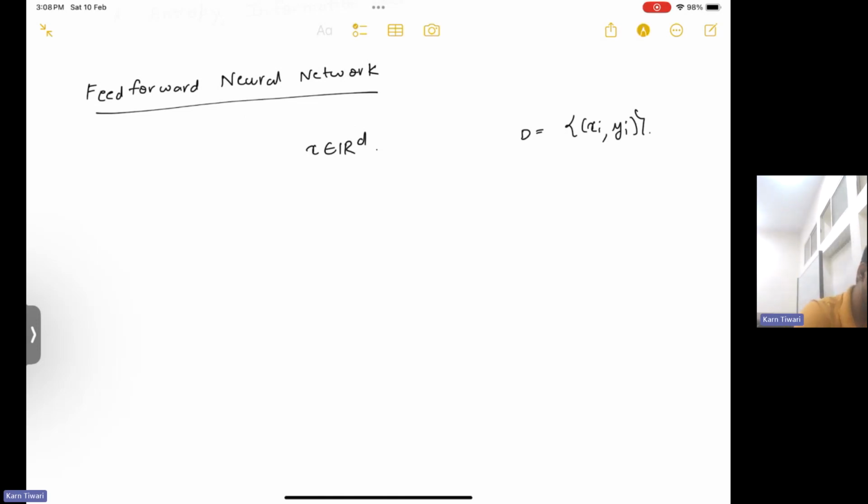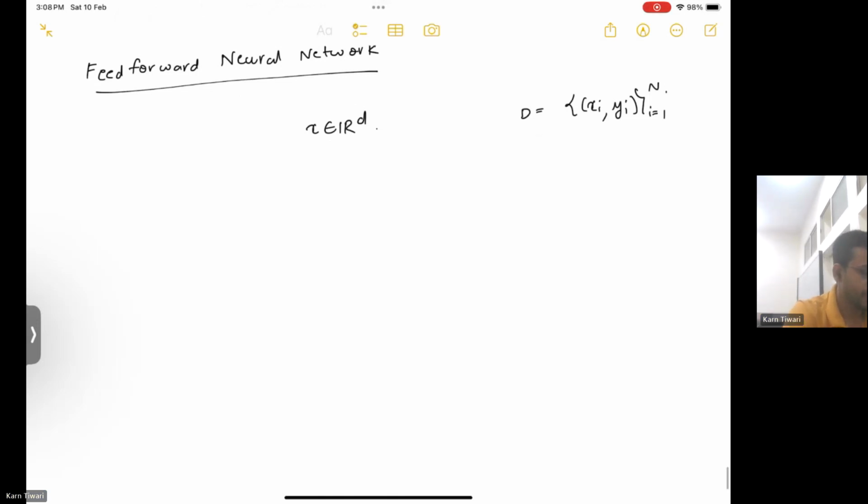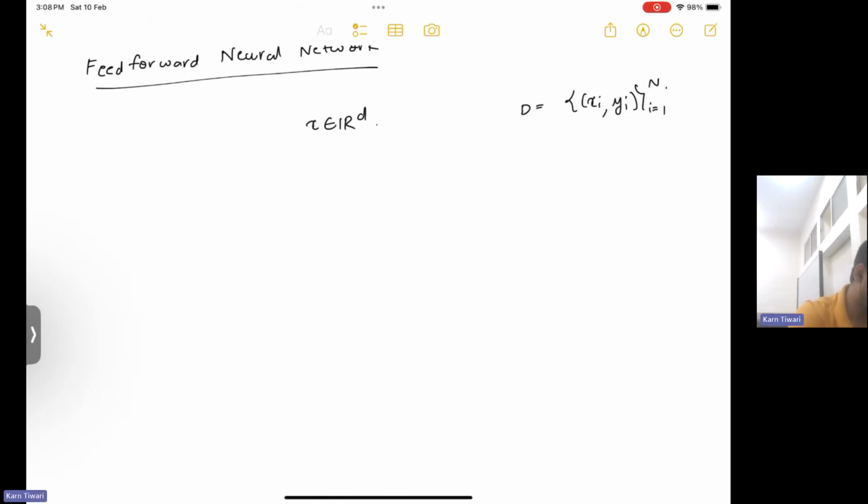And we are given a certain number of samples, which we can use for training a neural network. The dimension of X is D, which I'm assuming, and Y belongs to R^D'.